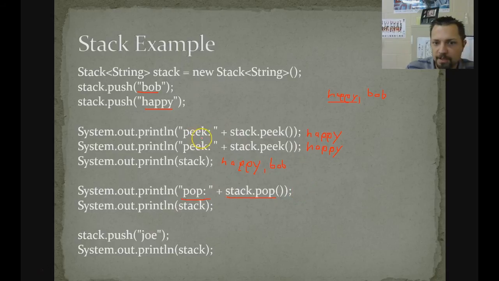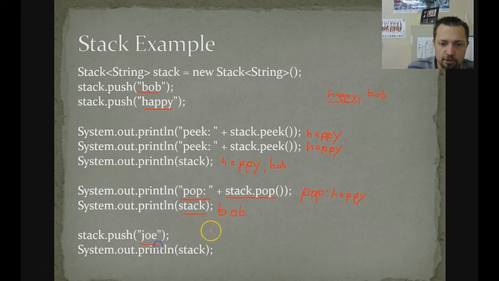Oh, I forgot to put the word peek before that. So this should be peek colon Happy, peek colon Happy. And this one should be pop colon Happy. If we were to print the stack here, we would just get Bob because Happy left.